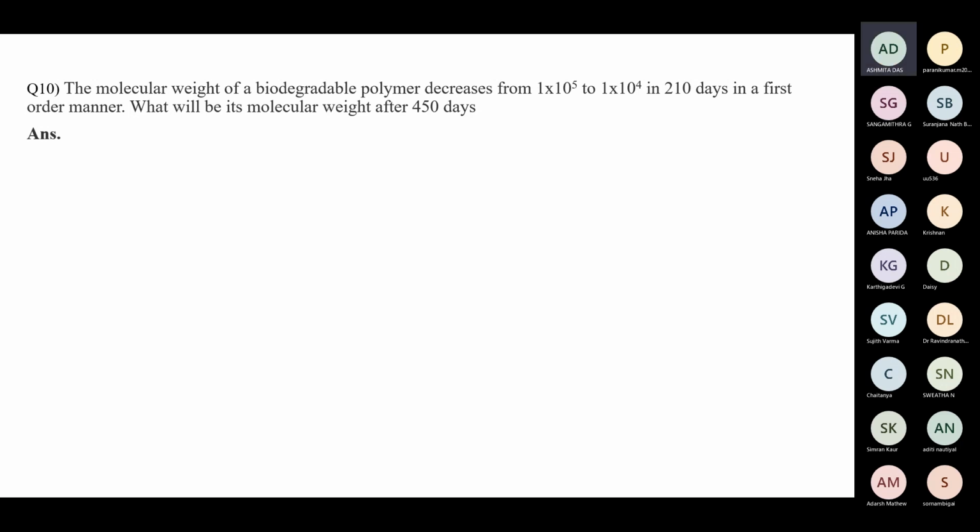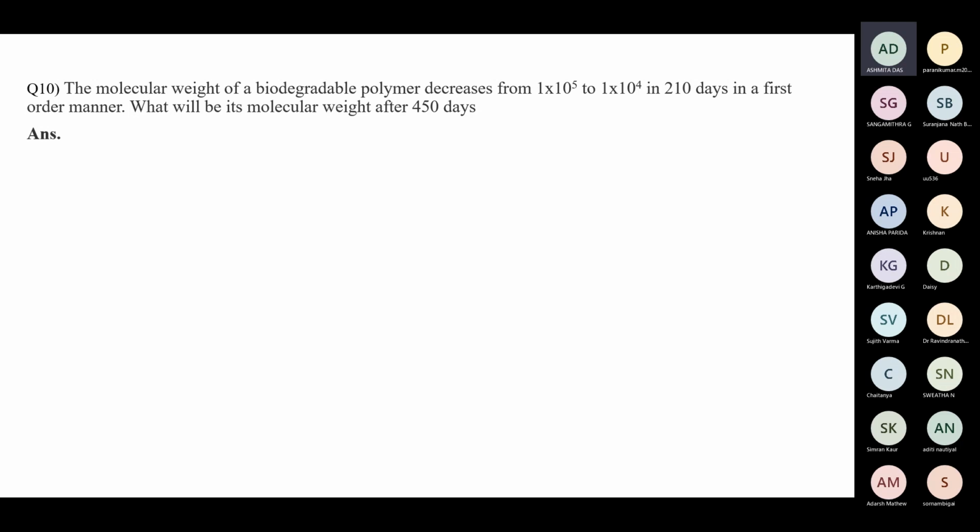Okay. So for this, we are going for the first order equation. The first order equation is ln A equals ln A0 minus kt. It can also be written as A equals A0 e to the power minus kt.